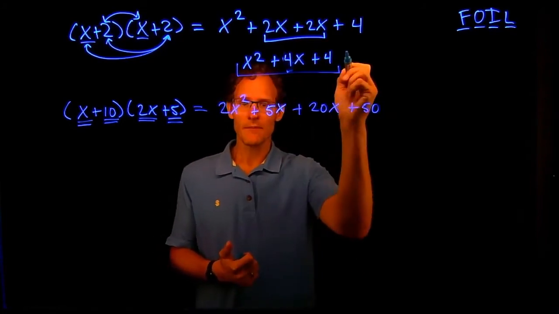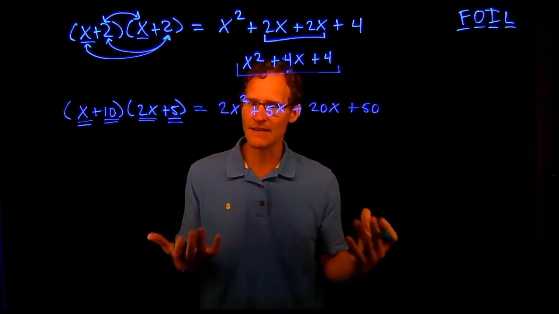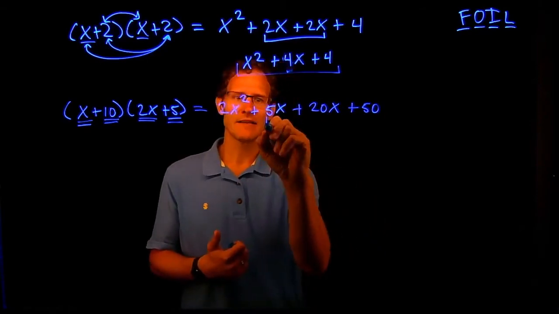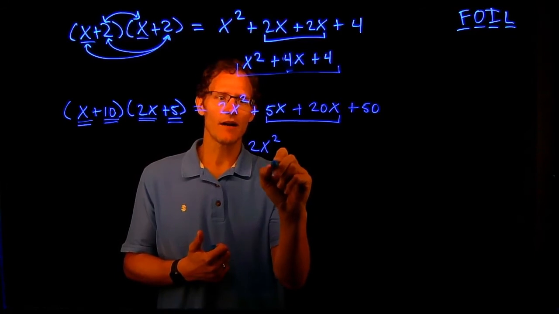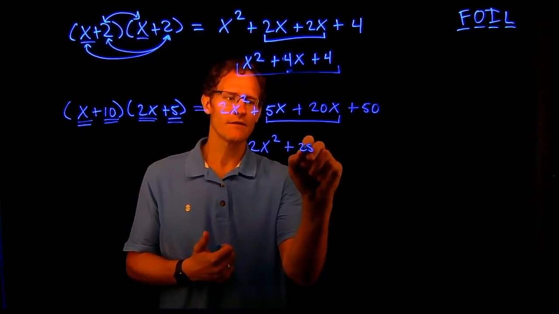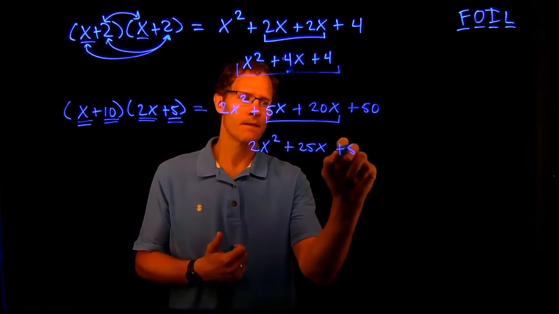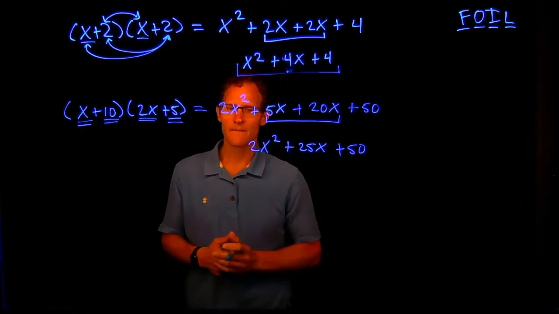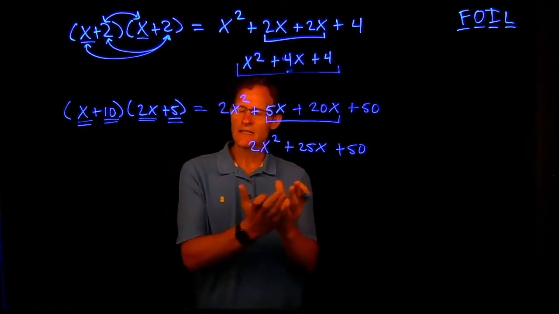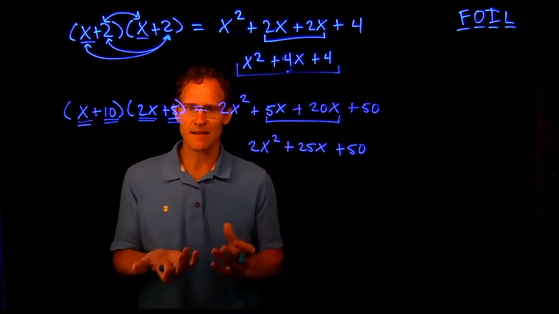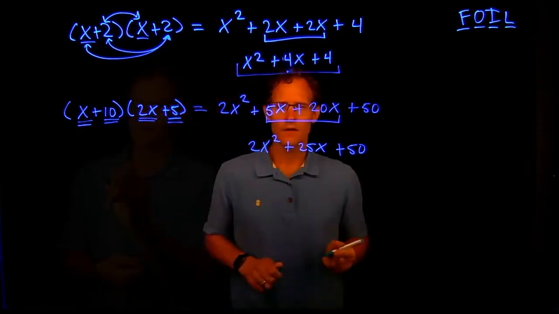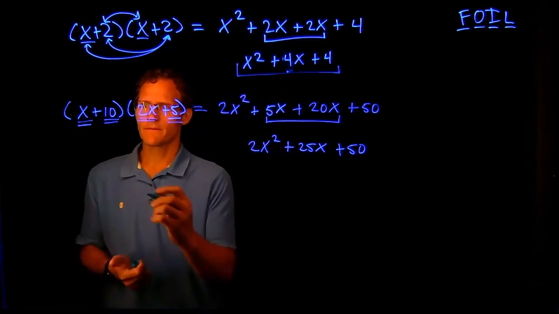Just like we saw up here, we can simplify this expression by combining together the 5x and the 20x to give us 2x squared plus 25x plus 50. Okay? Different numbers, a little bit bigger numbers, but exactly the same approach. FOIL.